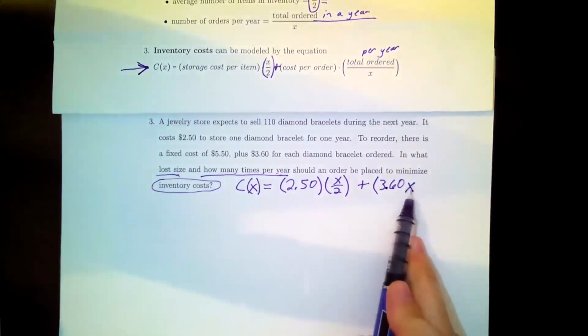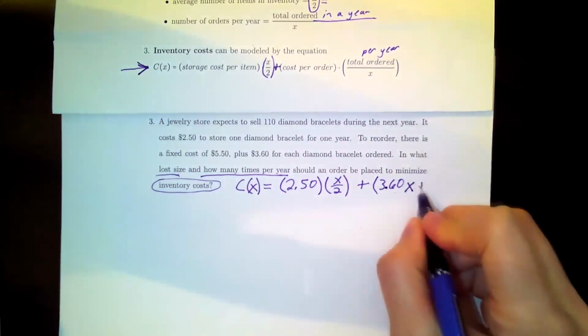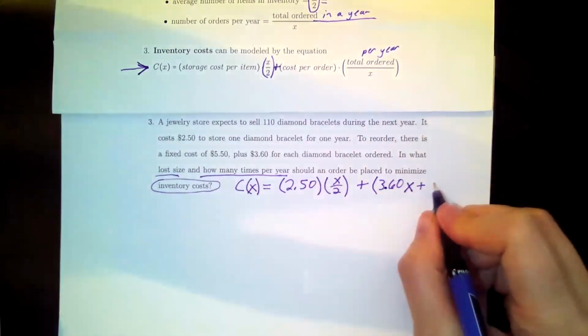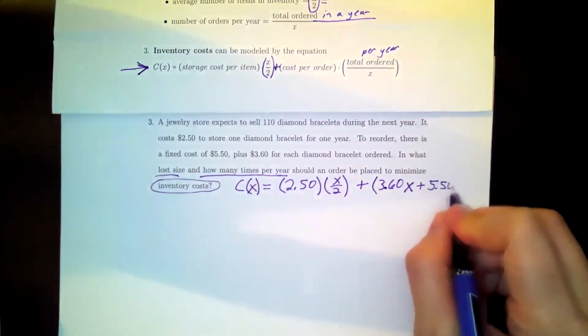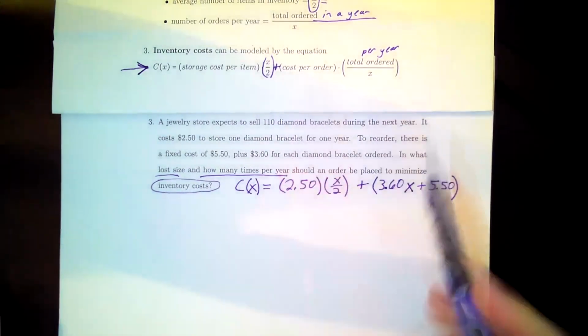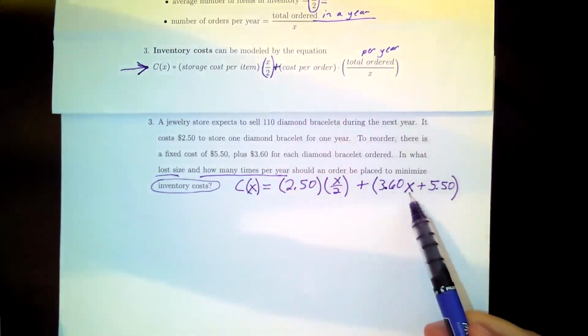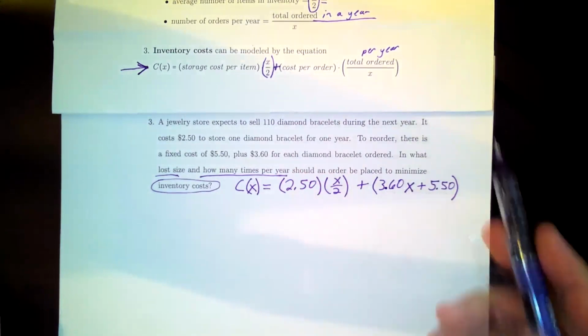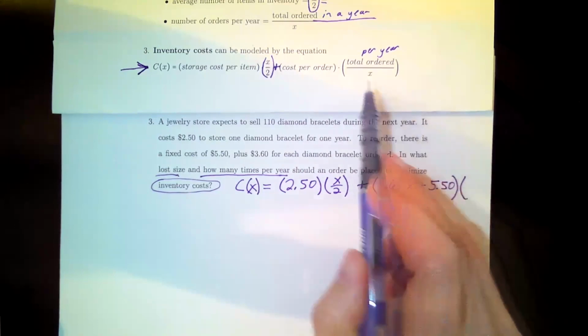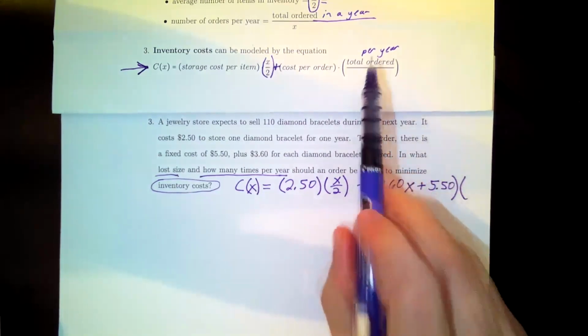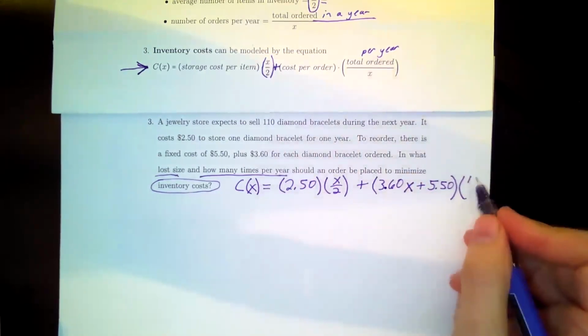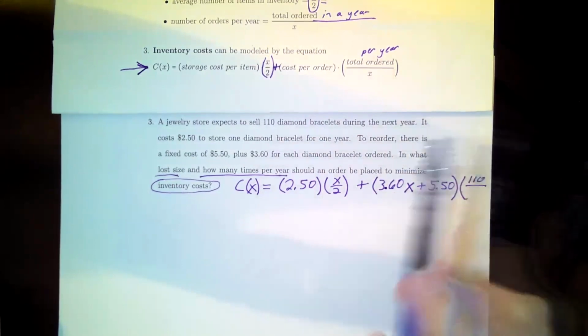So I'm going to have x here, plus a fixed flat charge of $550. So my cost per order is $3.60 per bracelet for every bracelet in that lot size, plus $550. And then I have to multiply that by the total number of bracelets I plan on ordering per year, which is 110, divided by x.